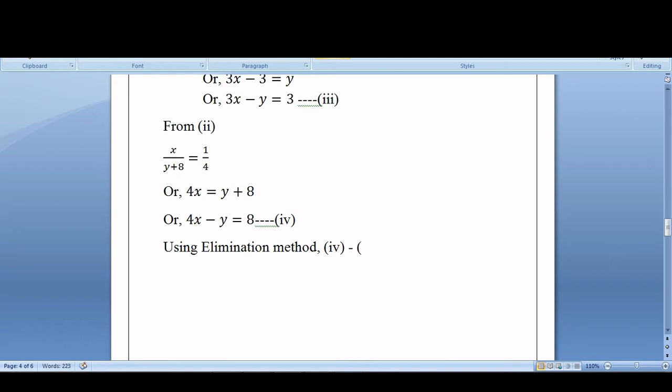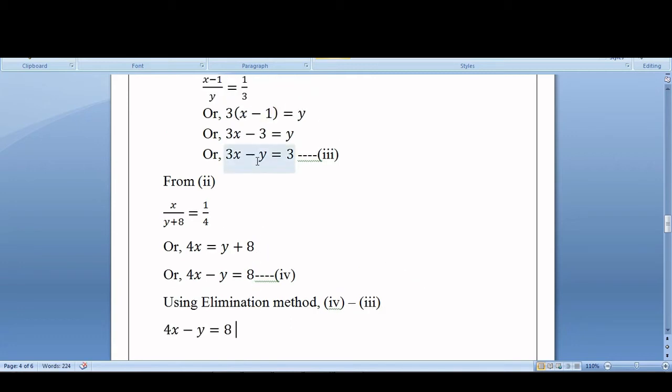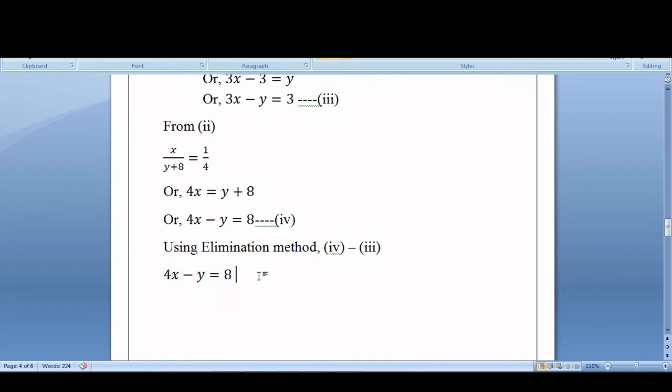So 4 minus 3. Equation 4 is 4x minus y. So why are we subtracting 3 from 4? You can see in both cases it's minus y. So it will be easier to subtract and to eliminate the value of y.